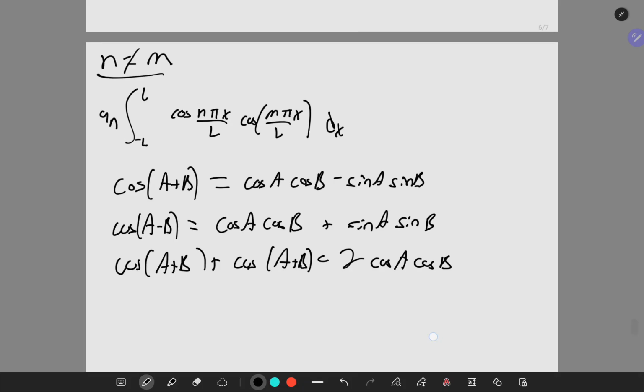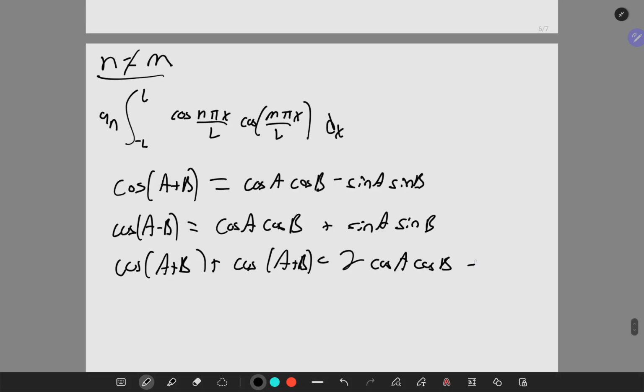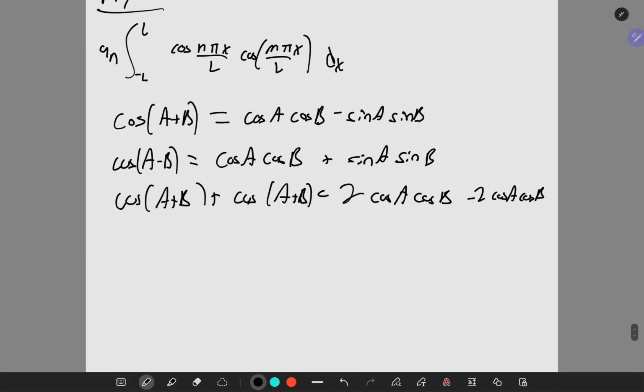And this is just looking at this one. So if we're looking at integrating this, you can rewrite it.